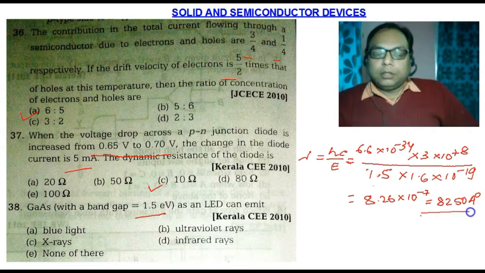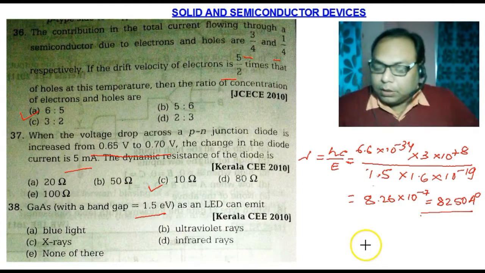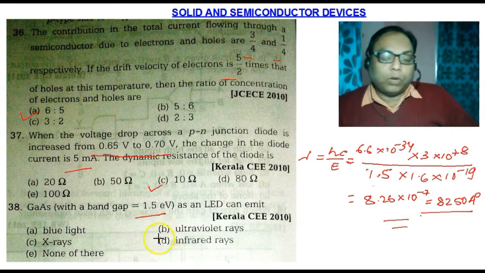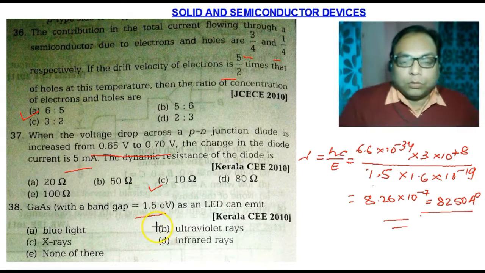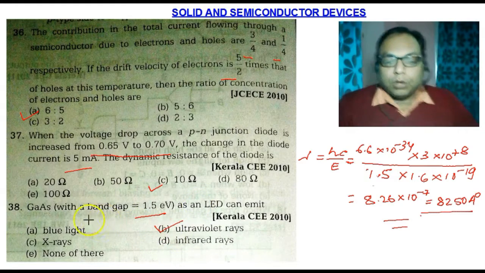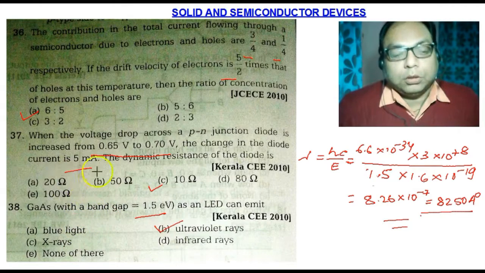So this wavelength of 8250 angstrom is in the range of the ultraviolet ray. So option B is the correct option.